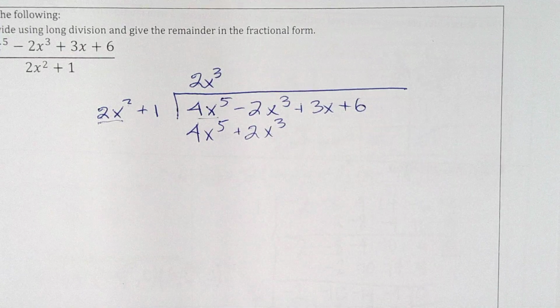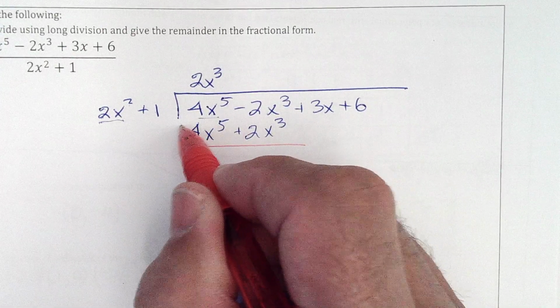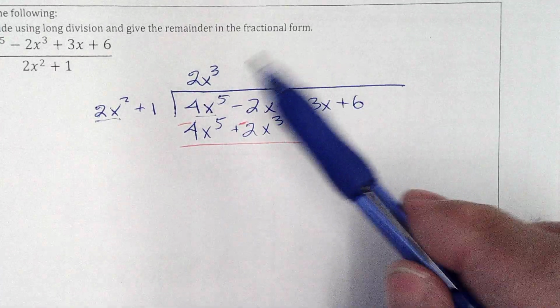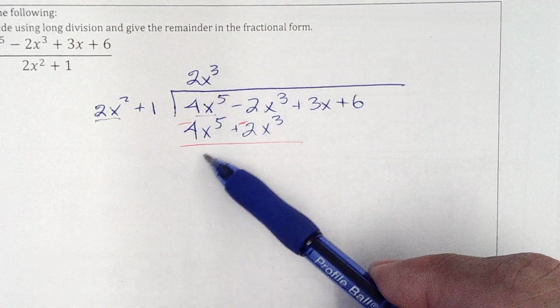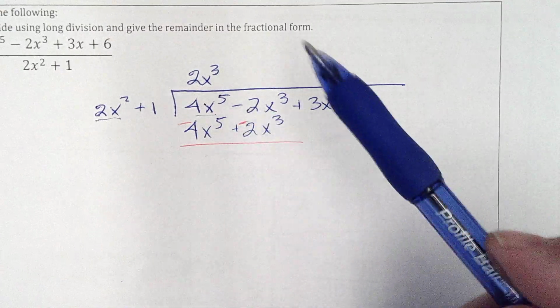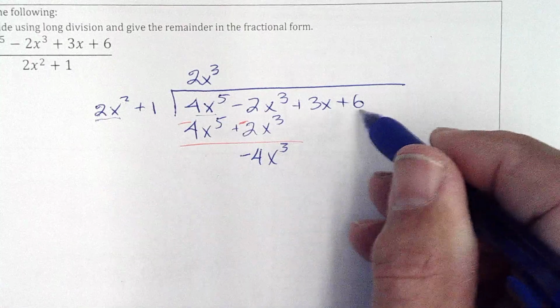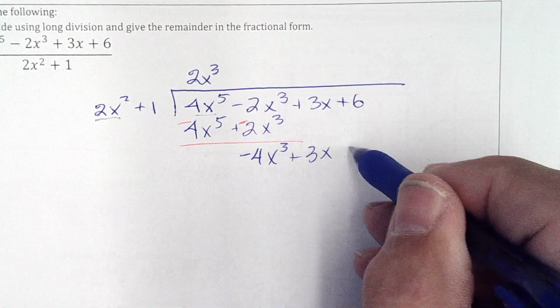Now I'm supposed to subtract in normal division, so it gets confusing, so I draw the line, change the signs, and now combine like terms. 4 of these minus 4 of these, gone. These are x to the 3rds, minus 2, and minus 2 more is minus 4x to the 3rds. And then there's a 3x out here, and a 6.